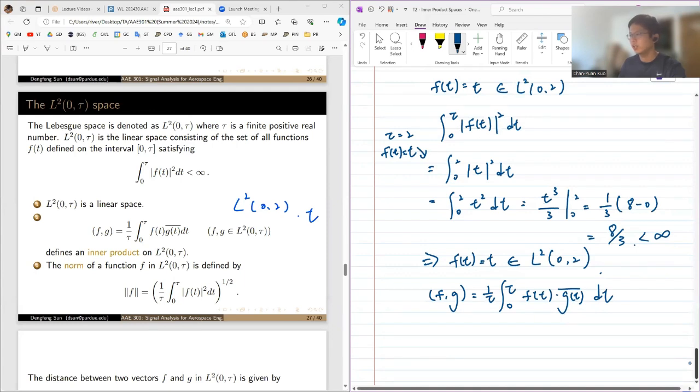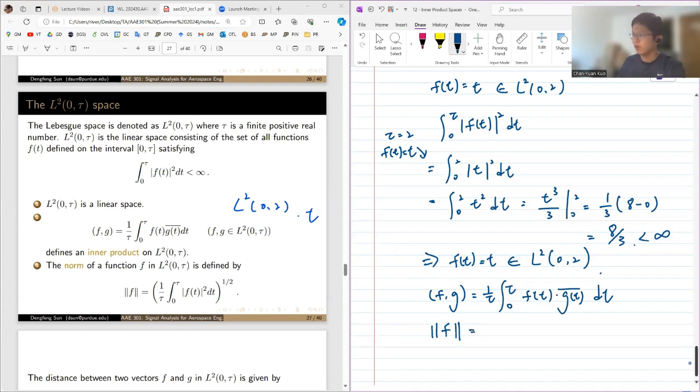Now that we have defined the inner product, we can write out the expression for the norm of f, the norm of a vector or a function f inside the Lebesgue space.